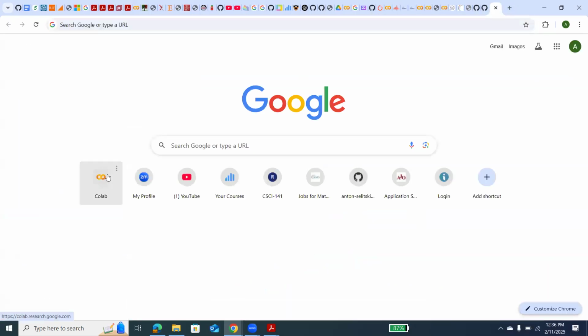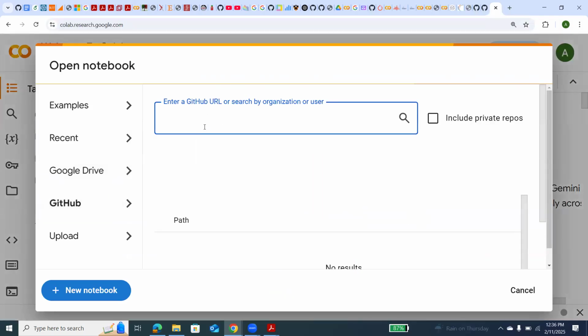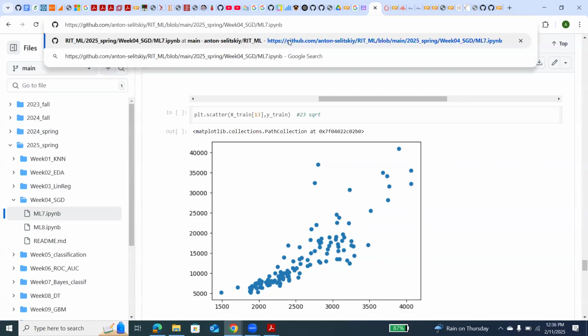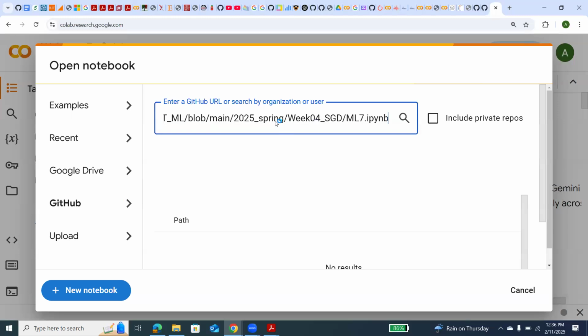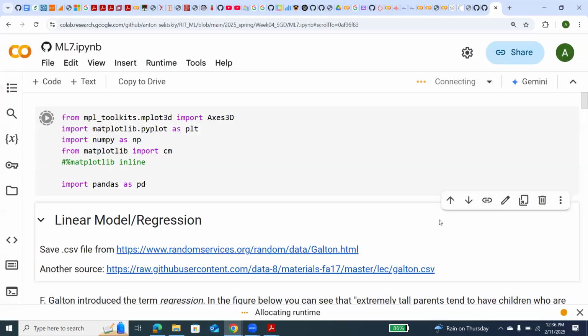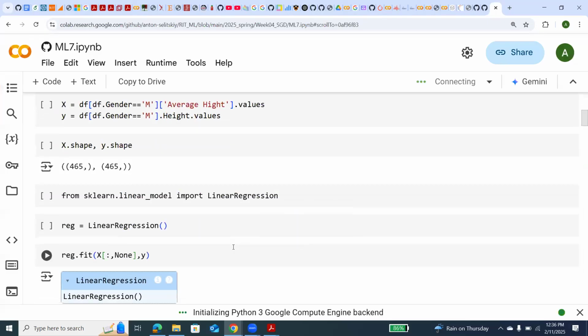I will open it in Colab. I will just run the cell with gradient descent.